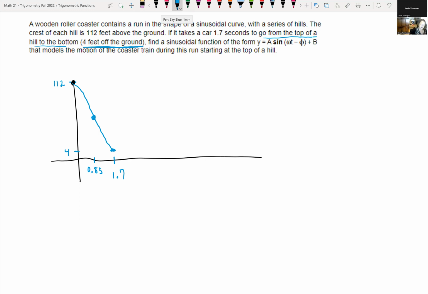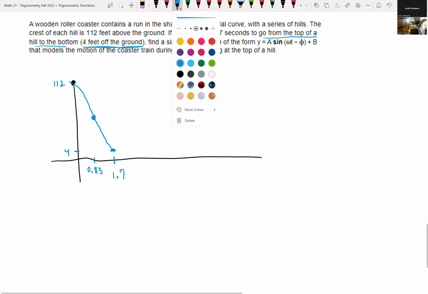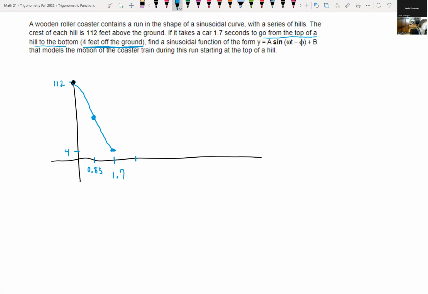And that tells me that if I add 0.85 to 1.7, that would give me my 3/4 mark, which is at 2.55 seconds.